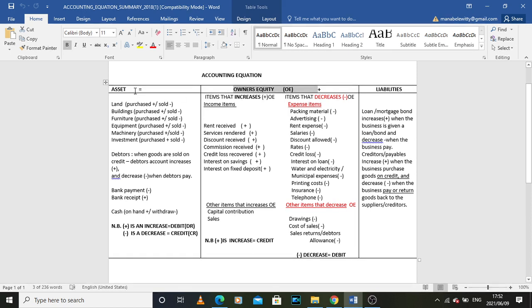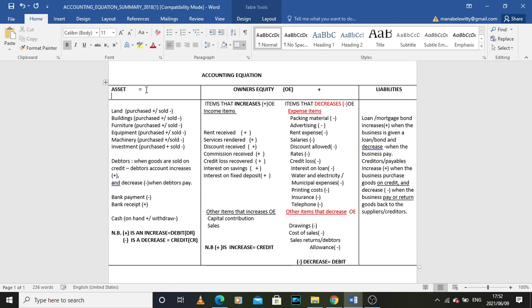So okay, let's check the assets first. This is the asset column. We have two different types of asset: our non-current asset and our current asset.